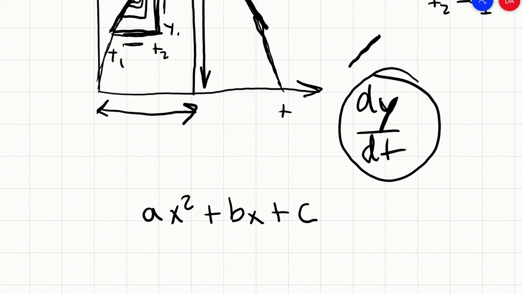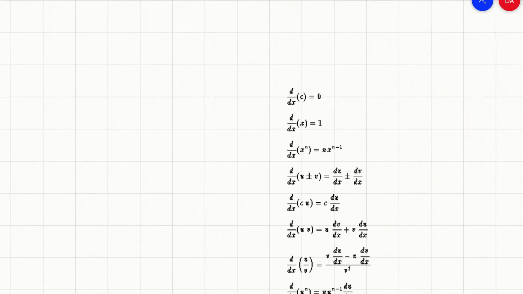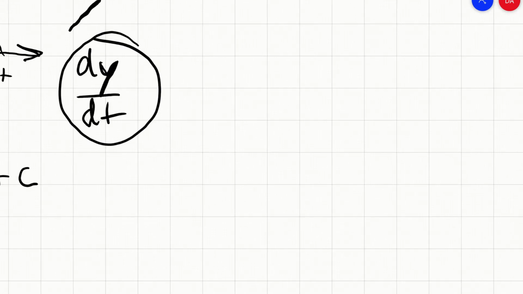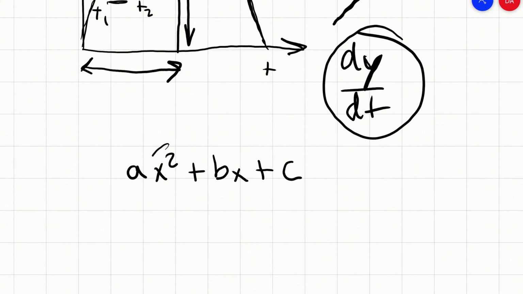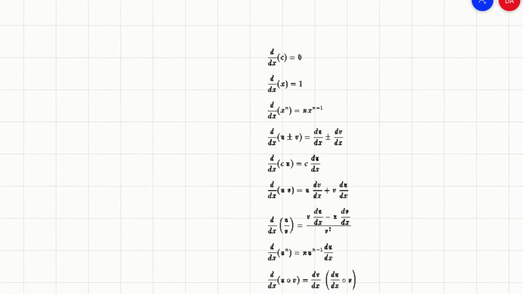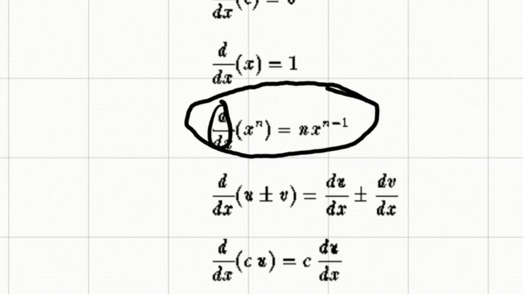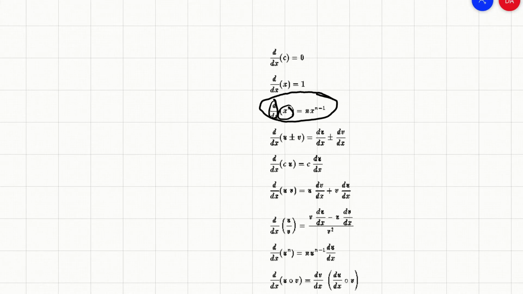Now we can go to a derivation table like this that gives us solutions for different derivations. And we can see here that there's an x squared, so there's an x to a certain power. And on the table, we can see here that there's the solution for the derivative of x to a power, and that is n times x to the n minus 1.